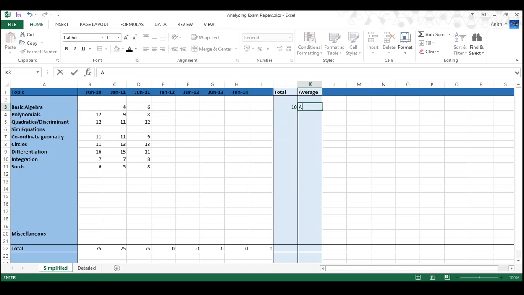And we're going to work out the averages. I'm just going to copy the formula now.